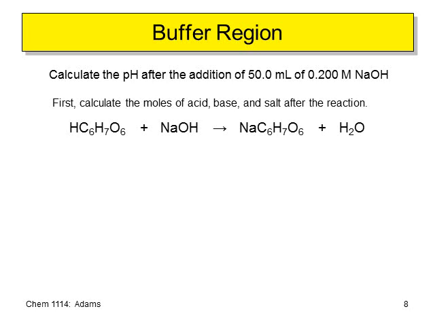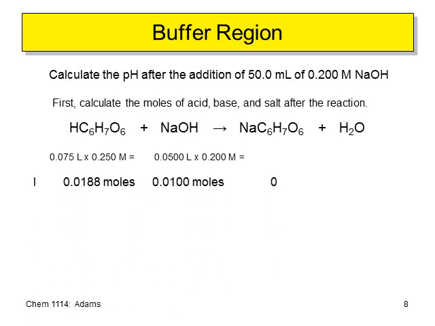Again, you can use HA in place of ascorbic acid, since this is a monoprotic acid. And we are going to calculate the number of moles of each of the two reacting species. The number of moles is simply the volume times the molarity.